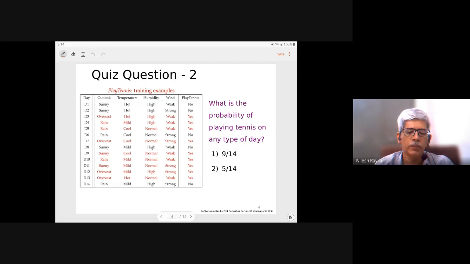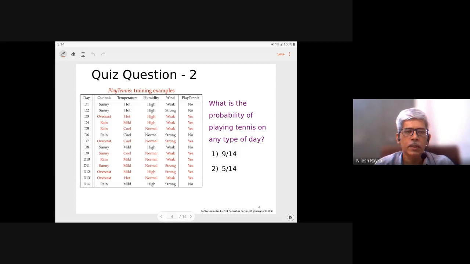The same problem we'll be discussing in this class is: for a given combination of features, how do we predict whether a tennis game will be played on that day or not? How many people will turn out?